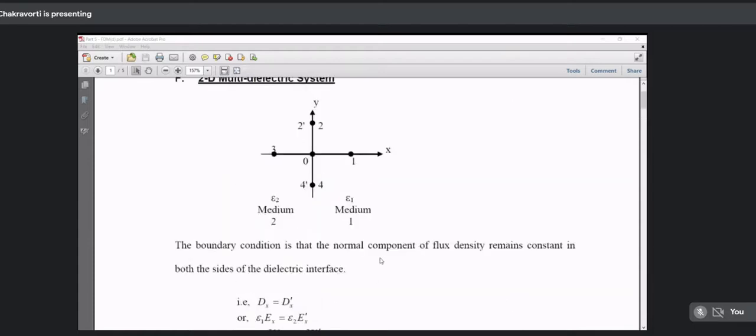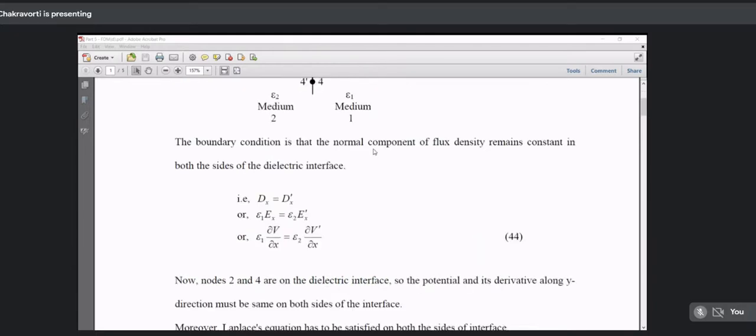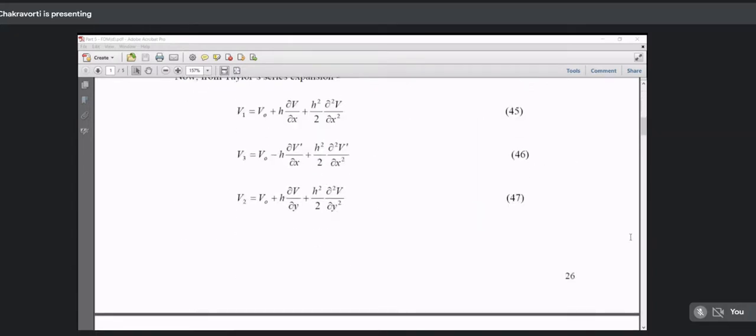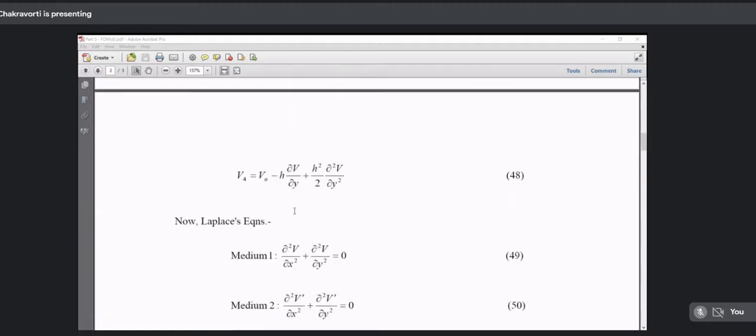V2 and V4 are on the boundary, so I can take either V or V prime. It doesn't matter, because on the boundary the two potential functions are the same. Therefore, here I have written V2 as V in 47, and V4 also as V in 48.